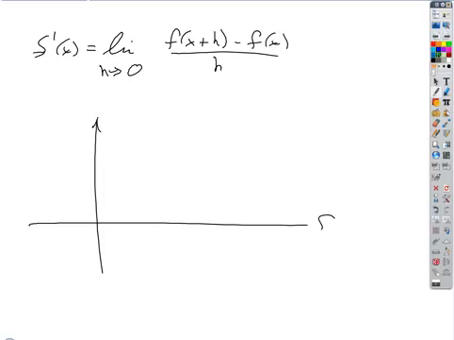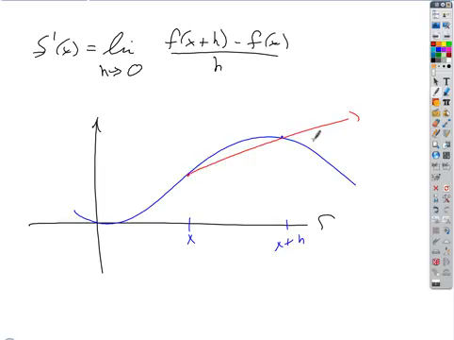We had some curve, and some point here which we were going to call x, and some other point out here which we were going to call x plus h, and we wanted to approximate the instantaneous rate of change at x by just calculating the slope of the secant line. That's just change in y over change in x.